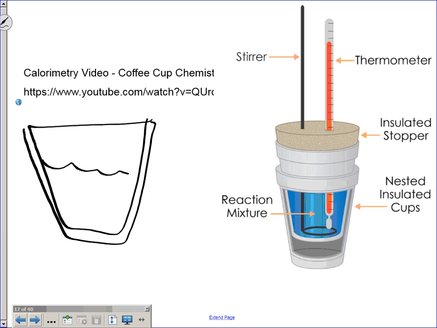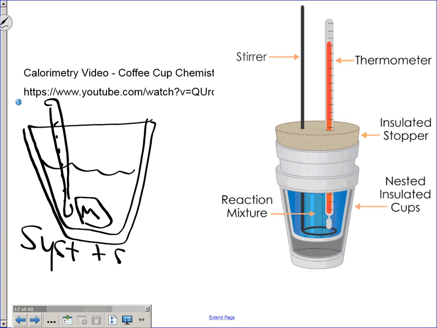I put some water in it, and I drop a piece of metal in it. And then I do have to have a thermometer. Is that a thermometer? Something like that. Thermometer in it, okay? So this is a system and surroundings combination. So whatever you do, make sure you know one of them is the system, and one of them is the surroundings, and that together is going to be holistically considered. So it doesn't have to be beautiful. But you got a cup, and you got a rock in it, you got a thermometer sticking out of it.